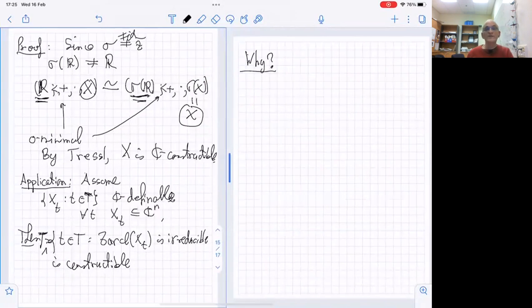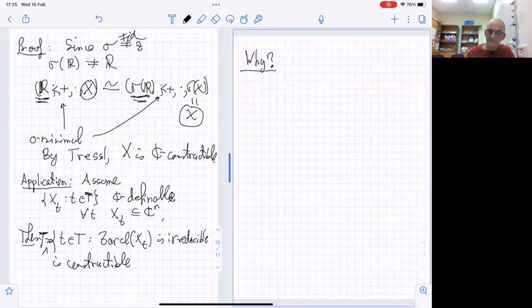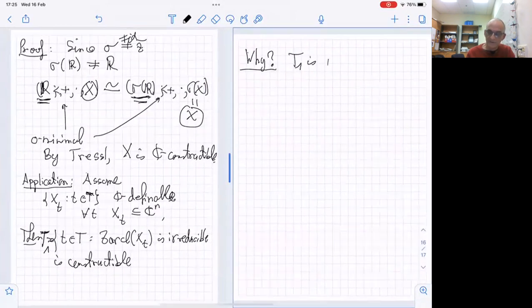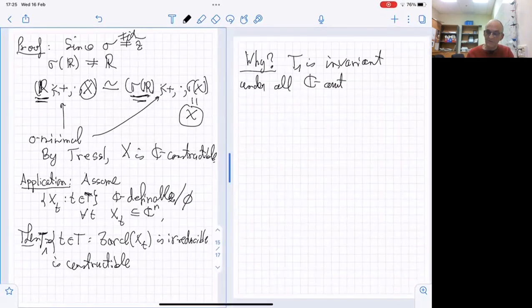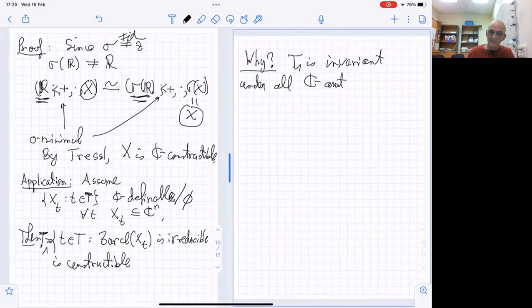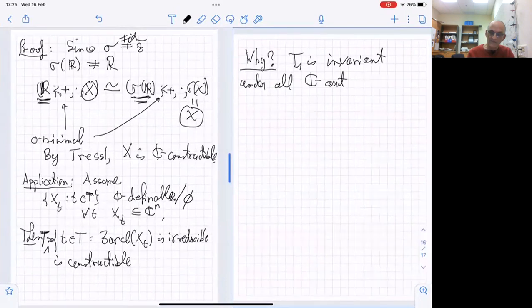Because being irreducible is clearly invariant under automorphism, T1 is invariant under all C automorphisms. Let's say everything is definable over the empty set. C automorphisms, because the notion of irreducibility is invariant. But T1 is definable in the O-minimal structure.